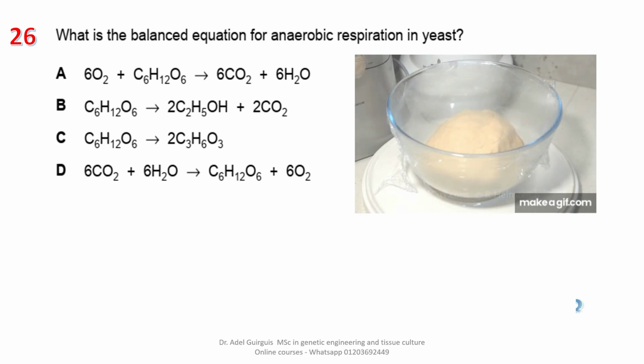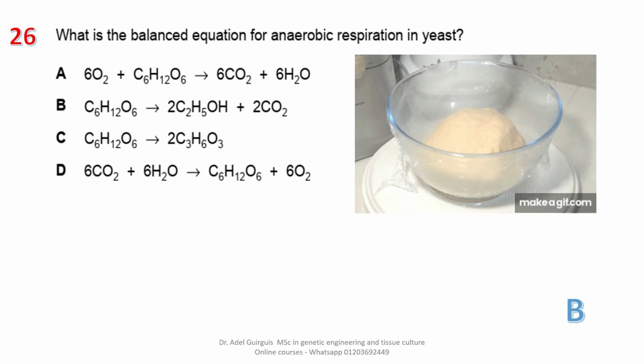So B is the answer. Balanced chemical equation represents anaerobic respiration in yeast. C is wrong. It represents anaerobic respiration but in yogurt bacteria where lactic acid is formed, or in muscles. Letter D represents the photosynthesis equation.